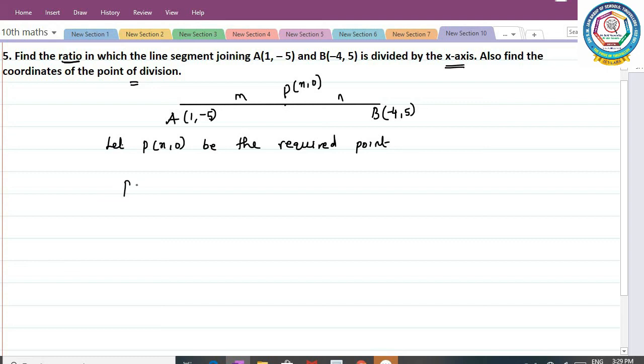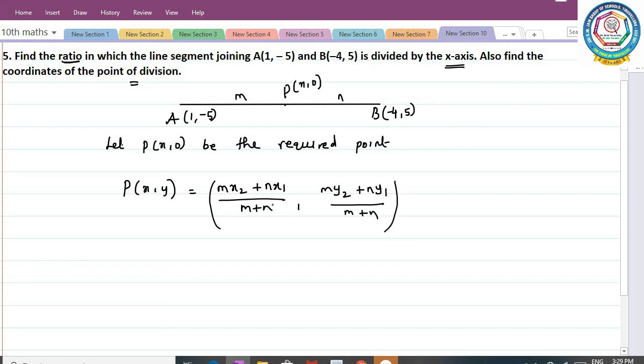So the section formula, P of x comma y equal to (m into x2 plus n into x1) by (m plus n), comma (m into y2 plus n into y1) by (m plus n). So ratio m is to n. So what are the coordinates? A of 1 comma minus 5, this is x1, y1.